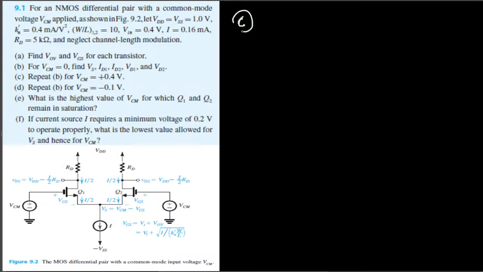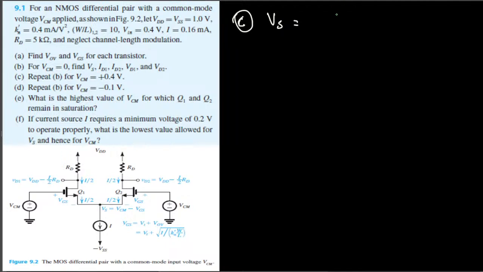For the C part, first we are going to do VS, and the VS equation is already given, that is VCM minus VGS. If you don't have this equation, you can find it by looking at the circuit. Here you see at the gate we have VCM, the common mode voltage, and the gate to source voltage comes after that. So this one minus this one should be the voltage right here.